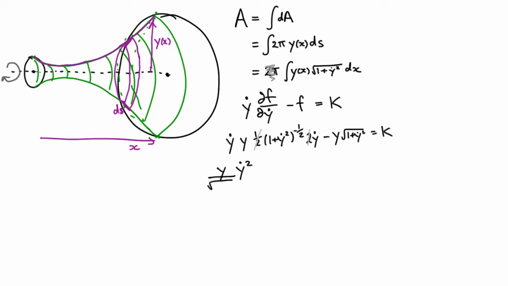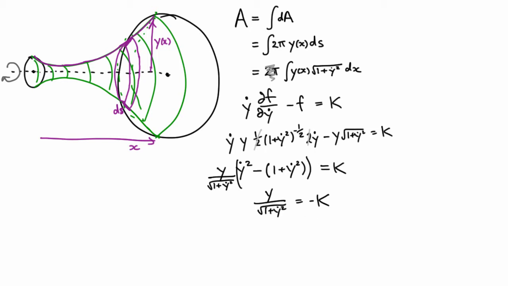If we take out a factor of 1 plus y dot squared on the bottom, we get y dot squared minus y, one of those squared, which has actually worked very well because the y dot squareds have cancelled, so we've just got y over the square root of 1 plus y dot squared equals minus k. And the minus sign doesn't matter much because k was some arbitrary constant in the first place. So this is the equation we have to solve.